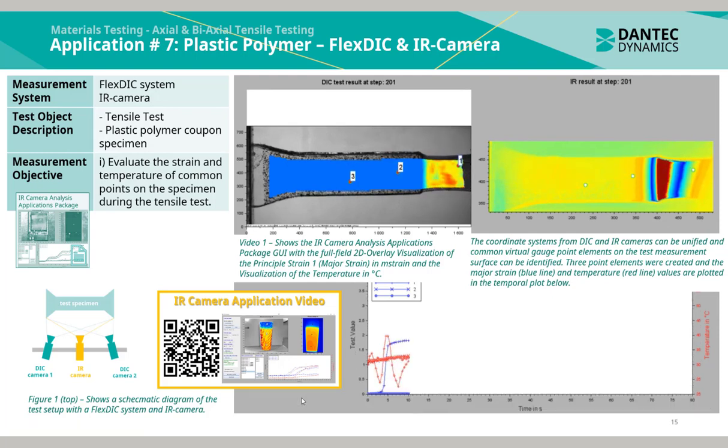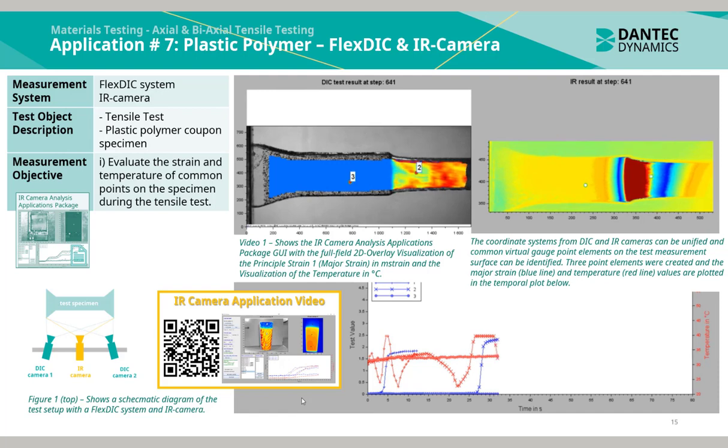Video 1 shows the infrared camera analysis application package graphical user interface with the full field 2D overlay visualization of the principal strain 1 in millistrain and the visualization of the temperature in degrees Celsius.